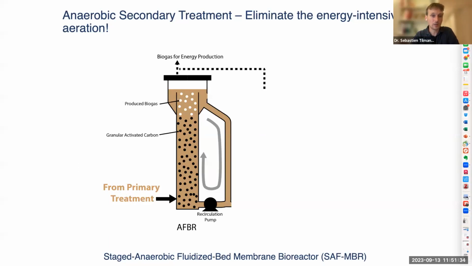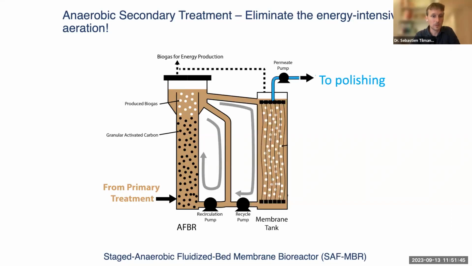Most of it will bubble right out of the water, and we can then send it for energy production. The water coming out of the system still has a lot of suspended solids in it. And so what we do to get rid of those suspended solids or retain those in the system is we use membranes, ultrafiltration membranes, which are very common technology now used in a lot of aerobic MBRs.